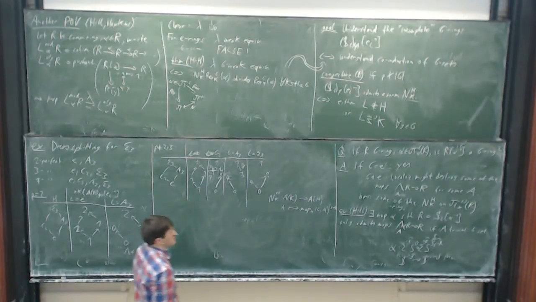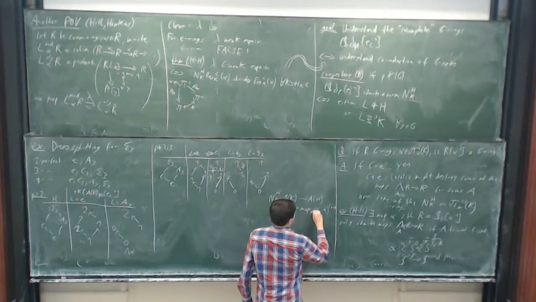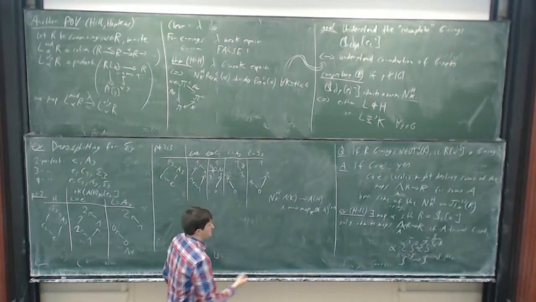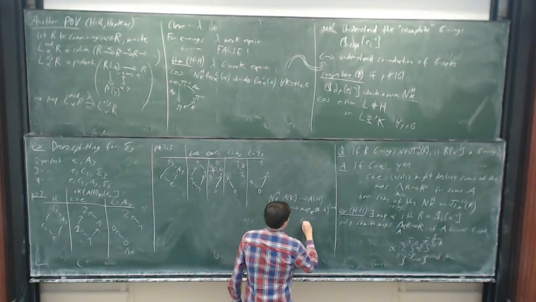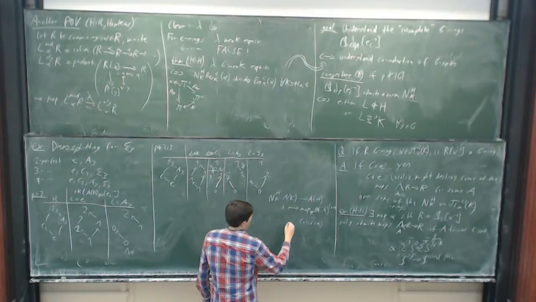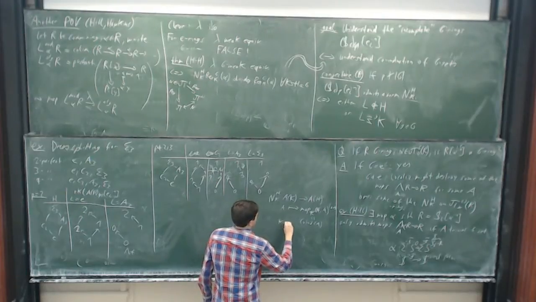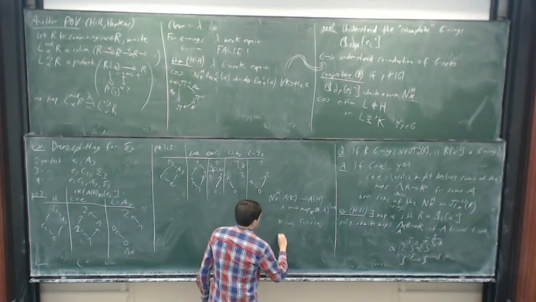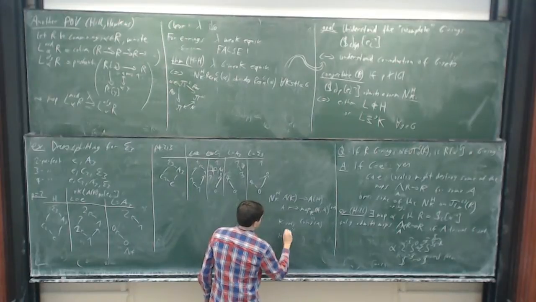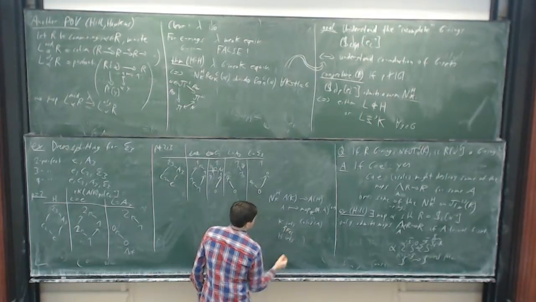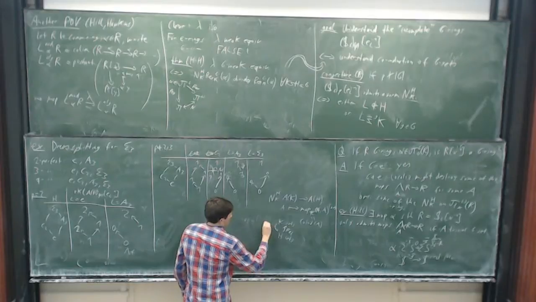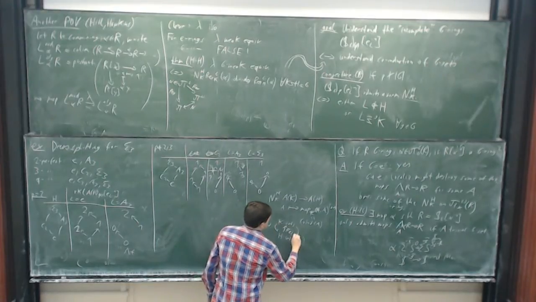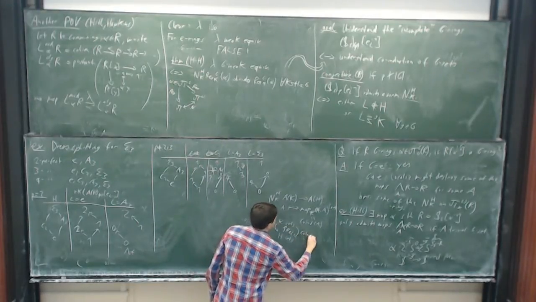Oh yeah, sorry. Of course I want to use K here in H. So this is what people call co-induction of A. You have a restriction functor between K sets and H sets. You have a left adjoint, which is induction. And you have a right adjoint, which is co-induction. And it's this functor.